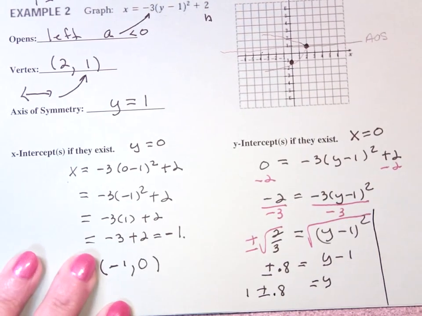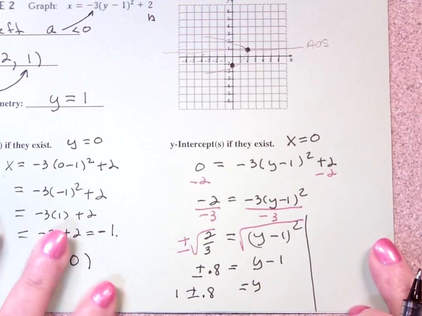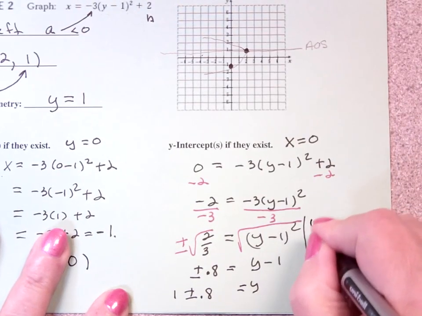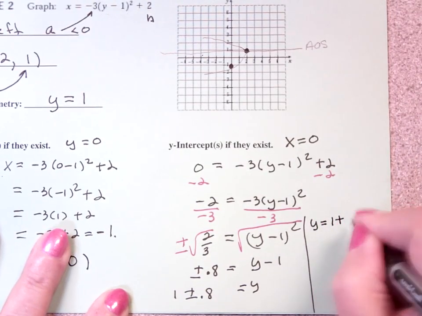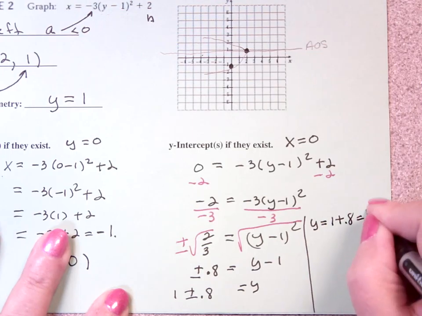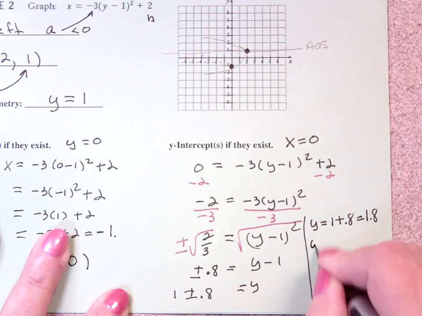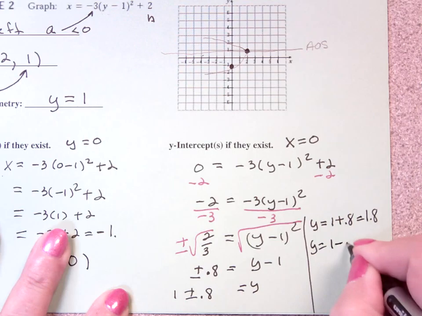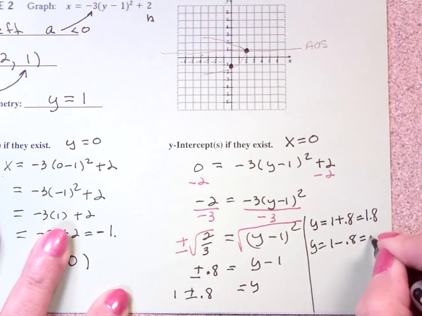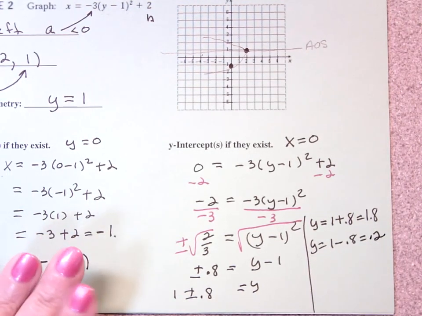So what do we have? We have y equals 1 plus 0.8, which is 1.8. y equals 1 minus 0.8, which is 0.2. Boy, that's not friendly, is it?